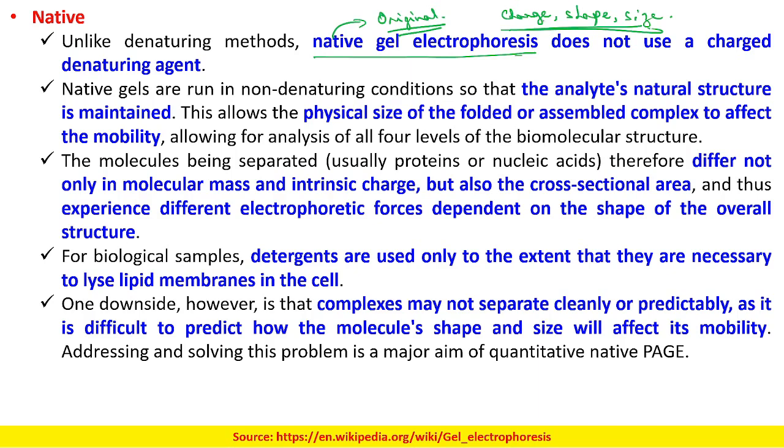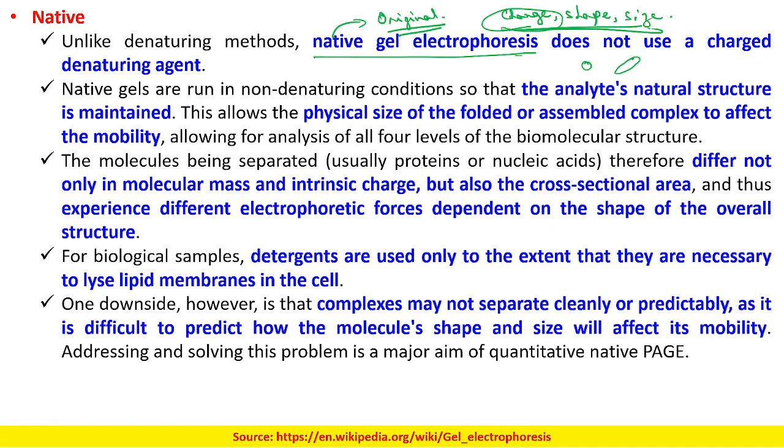Suppose there are two proteins or two nucleic acids which have similar molecular weight, but they may have different size. One may be spherical in nature in its overall structure, the other may be somewhat oblong. So it depends upon the charge, whether it is a positively charged analyte, and whether its shape is spherical or an elongated form.